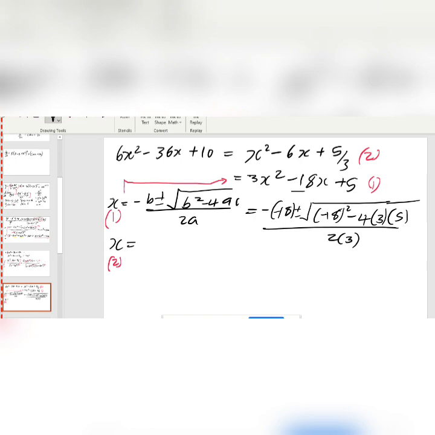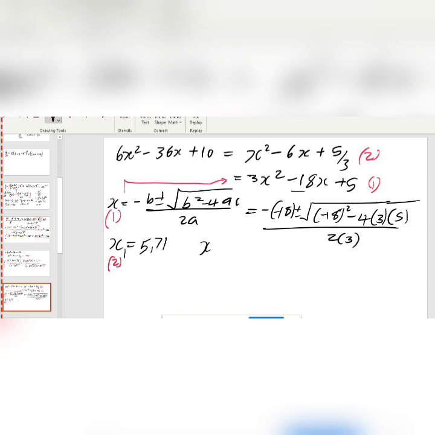But if you get an error, if it says error, then you know that this is a complex number. So I got 5.71 for x1.